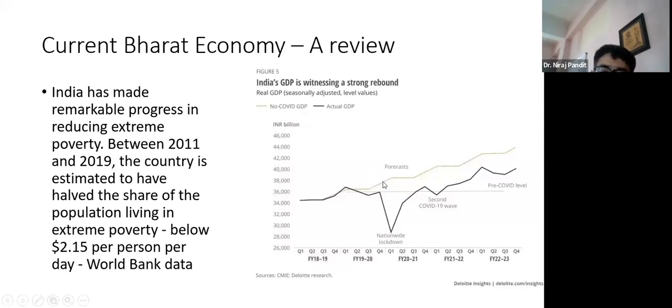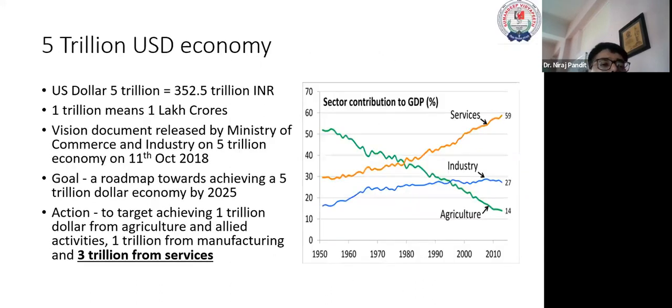This is what we could have grown if COVID was not there, and because of COVID we dipped, and again we picked up normalcy, and we are trying to reach the level which we are expecting. So this is the current situation, and India is changing in many ways. These are a few other important aspects of the 5 trillion US dollar economy.